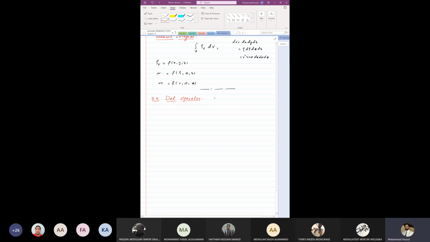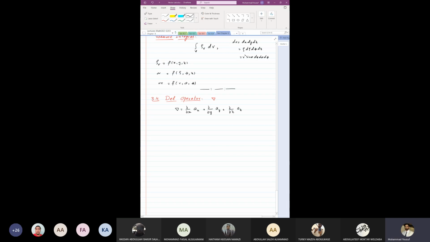The del operator has the symbol of an upside-down triangle, and this del operator is a vector operator: partial over partial x, unit vector ax, plus partial over partial y, unit vector ay, plus partial over partial z, unit vector az.